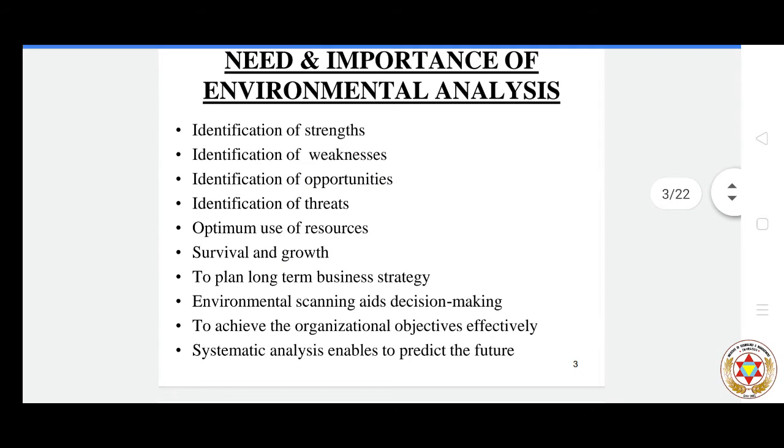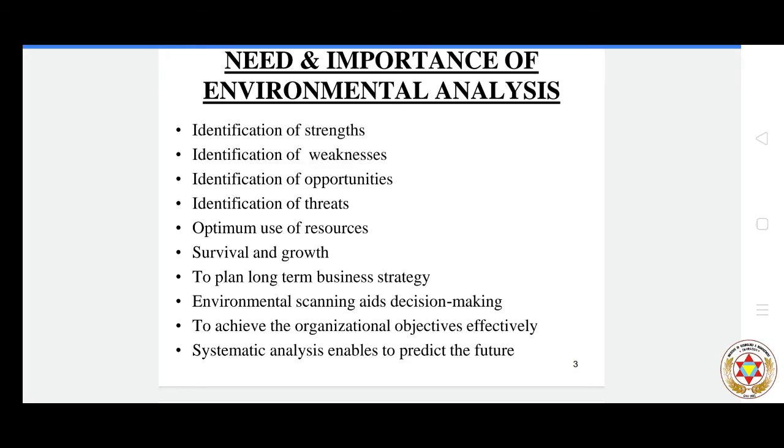What is the need and importance of studying environmental analysis? Basically, it is the identification of strengths, weaknesses, opportunities, and threats available to the organization. It helps in optimum use of the resources, and it helps in survival and growth.